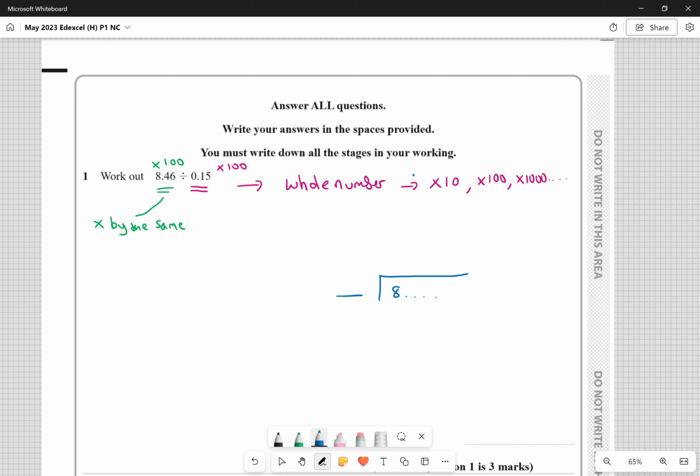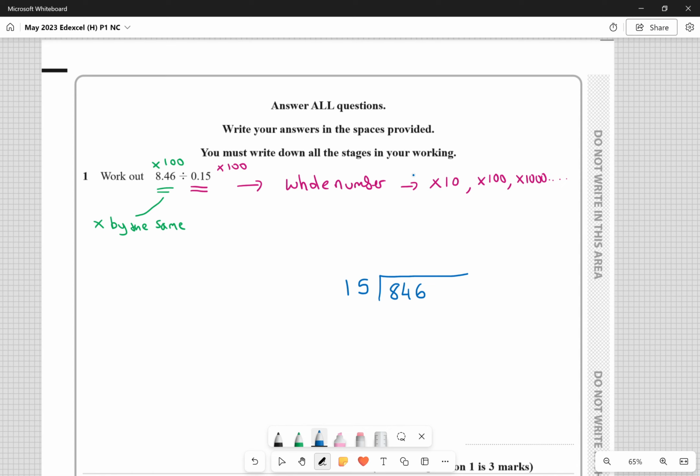So when you've multiplied 0.15 by 100, what do you get? You get 15. And when you multiply 8.46 by 100, you get 846. So this is the calculation that you will do.